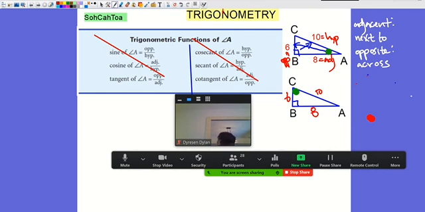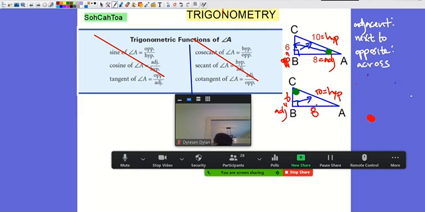Now hypotenuse doesn't change, because hypotenuse is always going to be the side that the right angle is pointing to. In this case now, what is adjacent? What is right next to the green dot? It's 10 or 6. But it can't be 10 because we already determined 10 to be the hypotenuse. So it must be 6, which is adjacent.